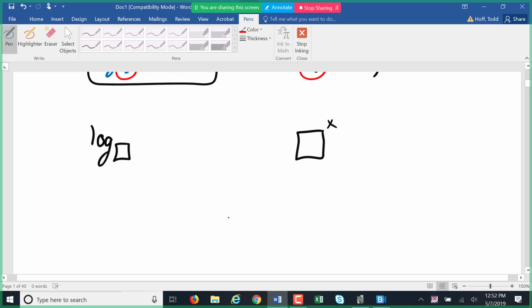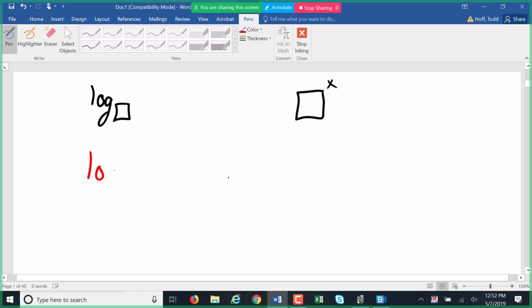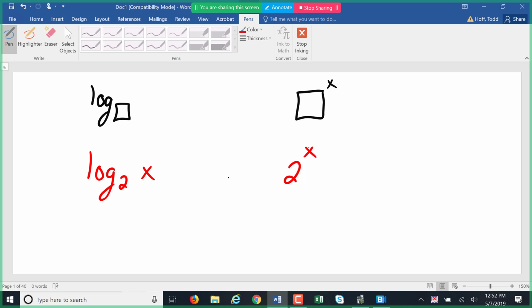They are actually inverses. Log base 2 and 2 to the power of are inverses. So log base 2 of x and 2 to the power of x would be considered inverses.